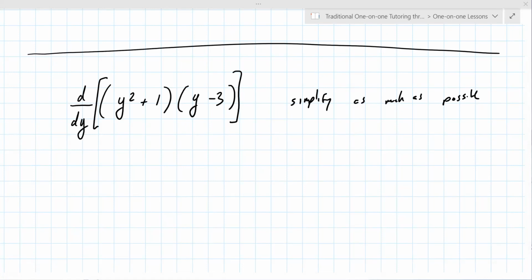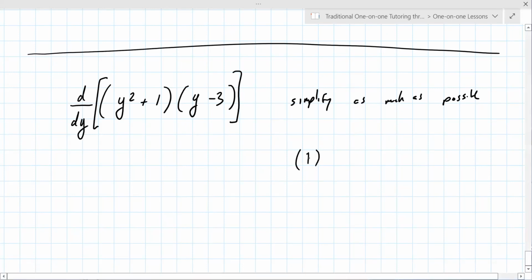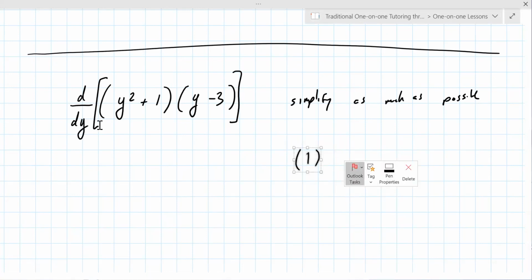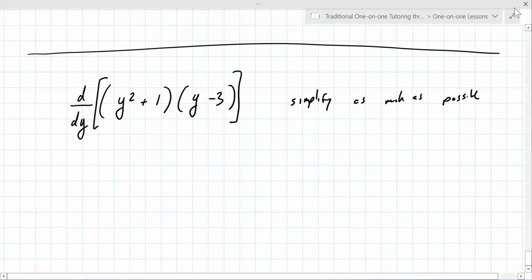Derivative of y minus 3, would that just be y prime? It's just one. Oh, because it's like x. Yeah, I'm picking different variables, but yes.